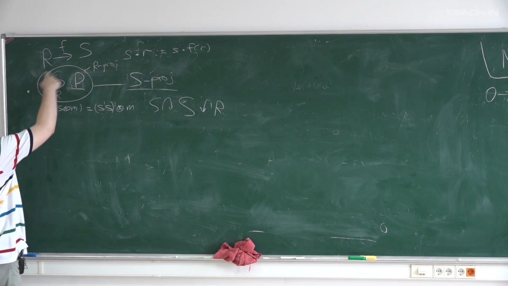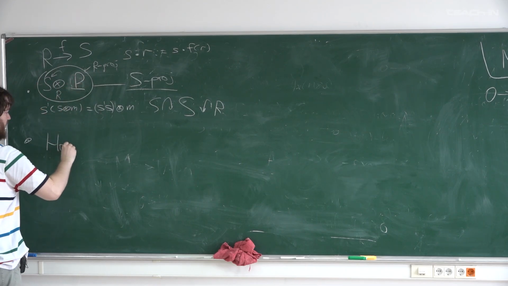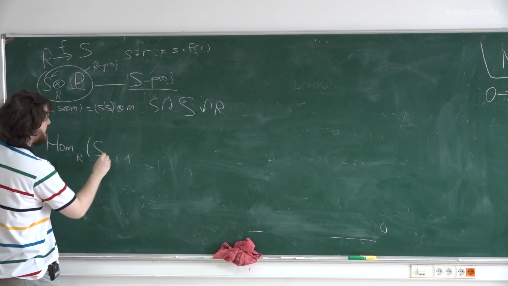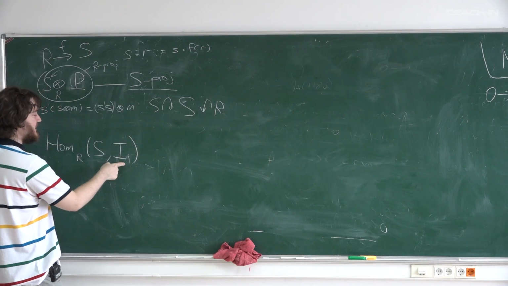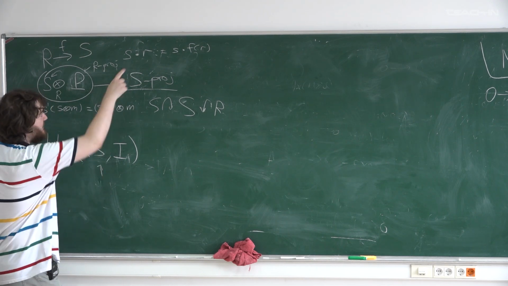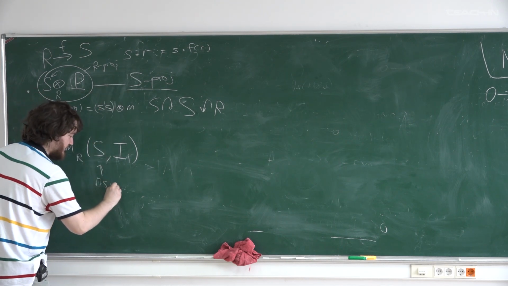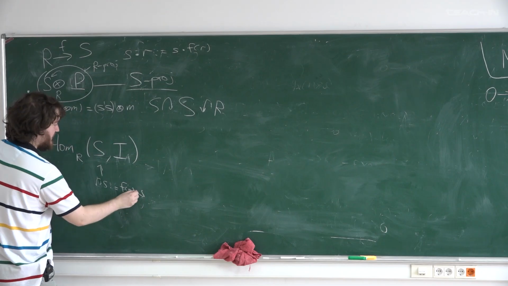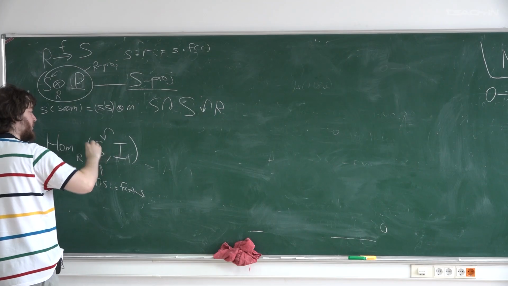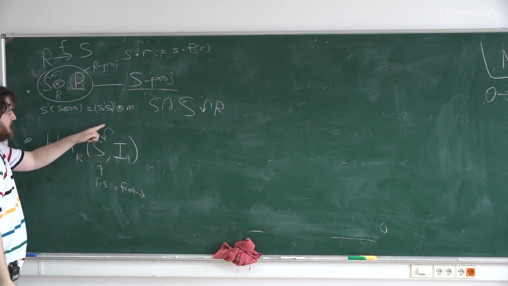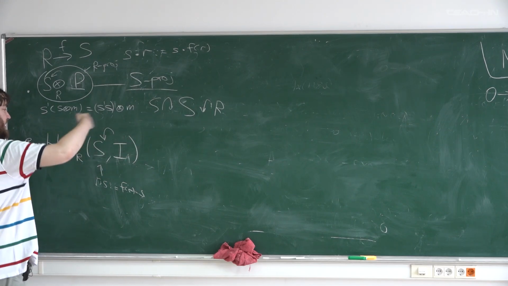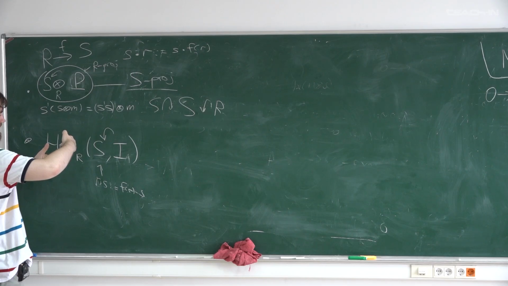And dually, if I have Hom over R from S to I, where I is a left R module, I consider the left R module structure here by the same definition, but from the left now. Then I can consider this abelian group, and in fact I have S multiplication on S from the right, and so on Hom I obtain the multiplication by S from the left.